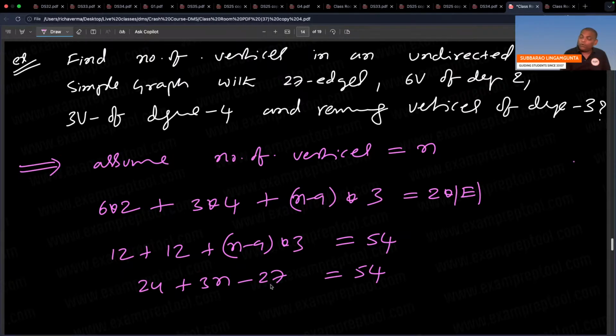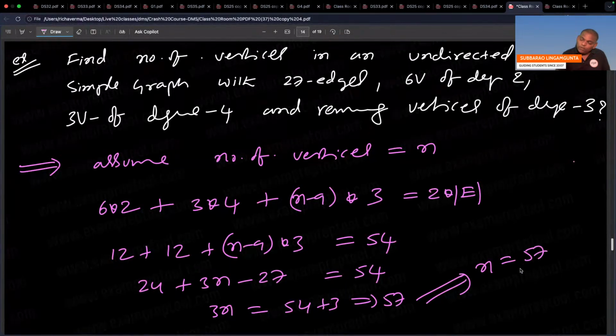From 24, if you remove 27, it's minus 3. 3n is equal to 54 plus 3, which is 57. So n is equal to 57 by 3, which is 19. The number of vertices is 19.